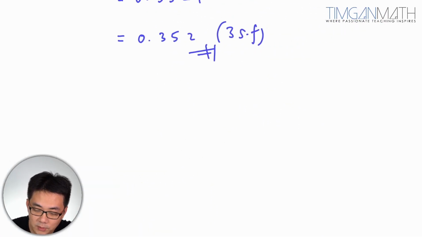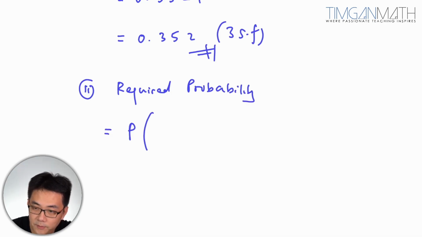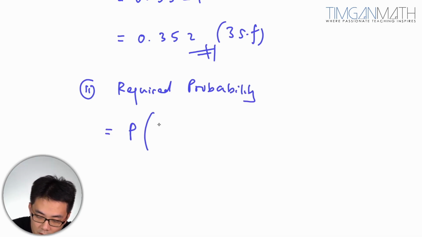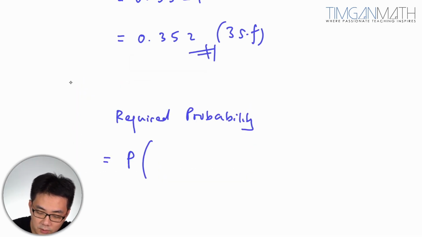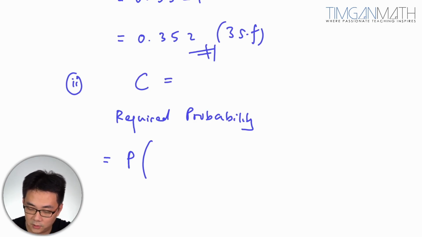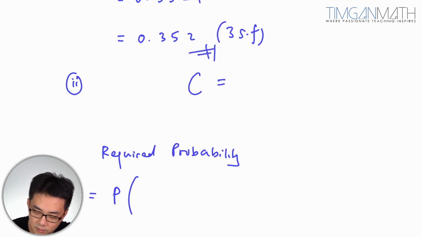So the required probability for part 2 is actually the probability of... maybe I just write this down. I think I just write this as the total cost. So C is equal to the total cost.